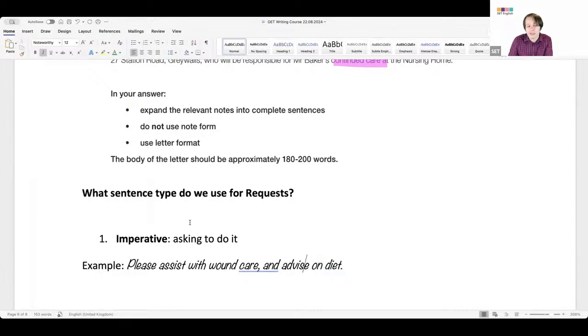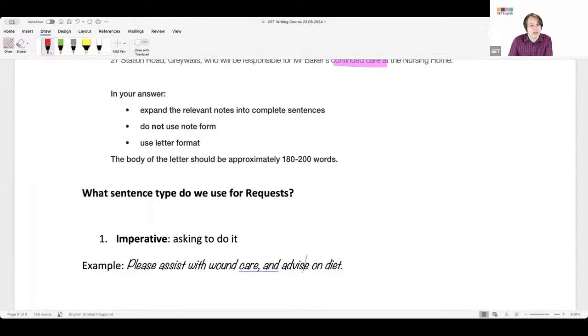All right. Notice the structure here. We've got please. What's this, guys? Verb 1, 2, or 3? Verb 1. Like please, is it eat, ate, or eaten? Eat.